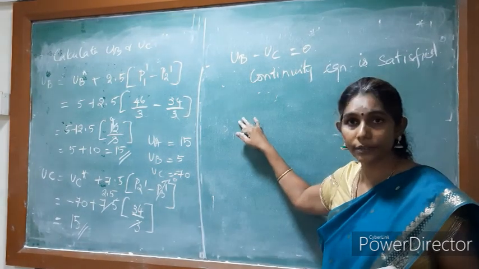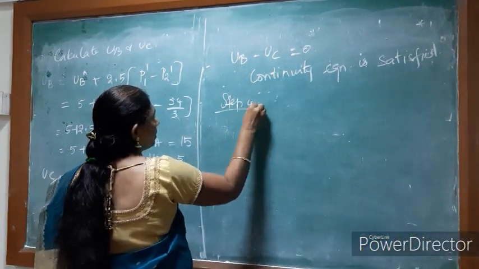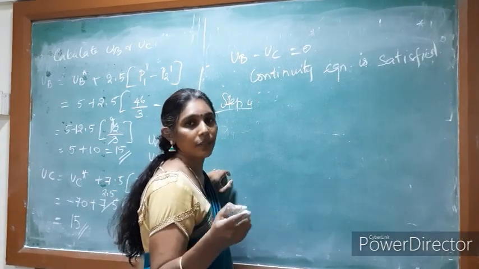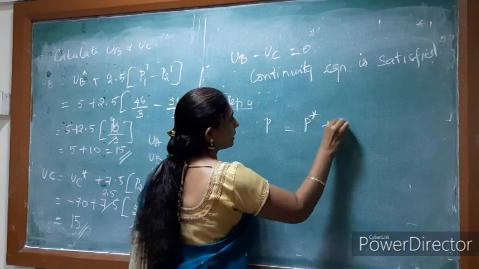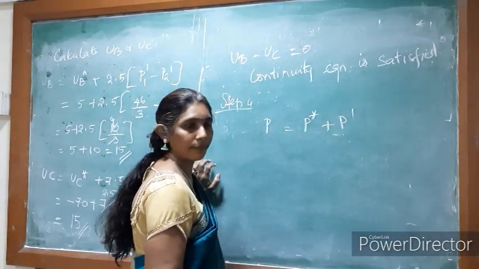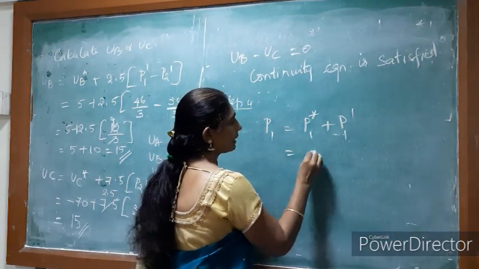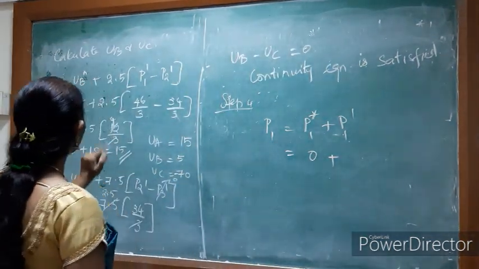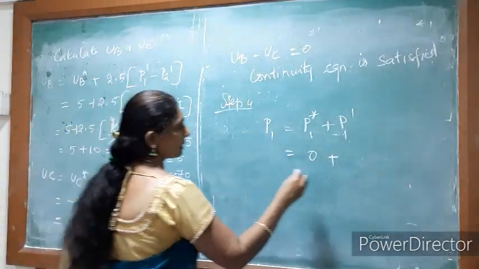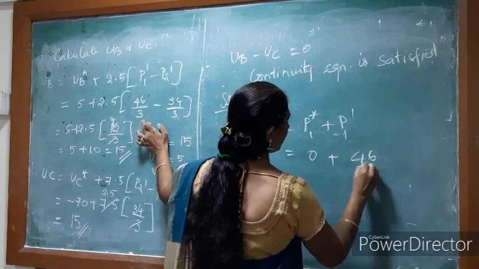But something else we have to do. What is that? We'll have to revise our pressure values, right? So our new pressure value will be whatever we have guessed plus the correction that we have got, right? In case of P1, what did we guess? Our guessed value was 0 plus what was the value that we have got, it was actually 46 by 3.